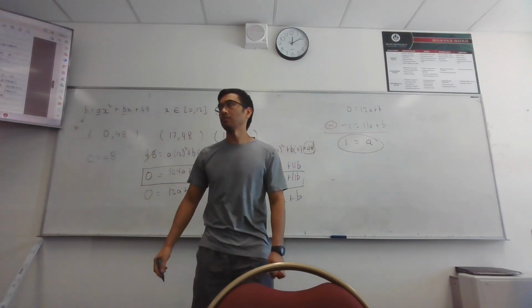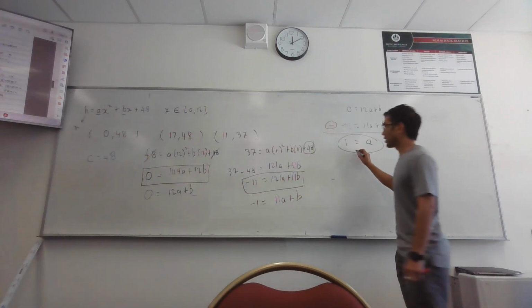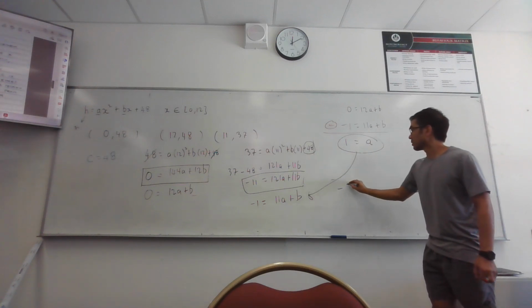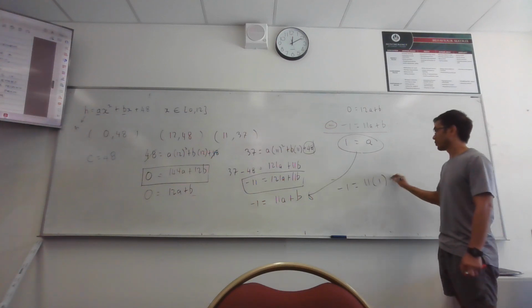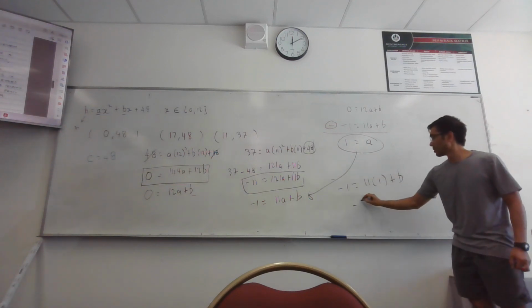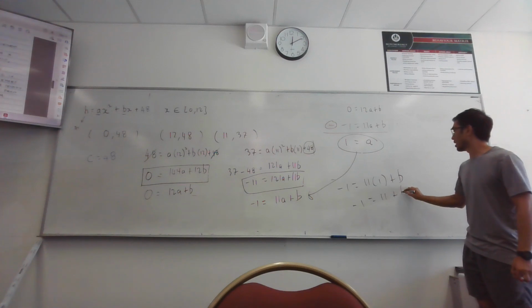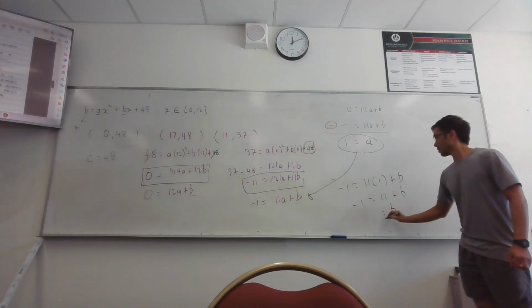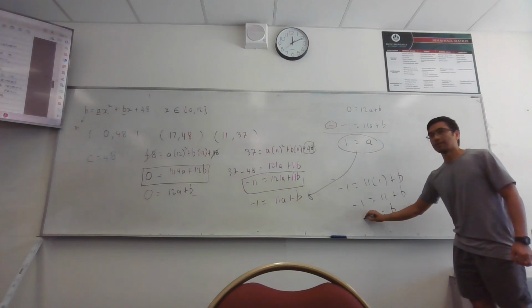All right, that's fine. Okay. And then where can we put that in? Into any one that we want. We just substitute it back in. And B is equal to negative 12.